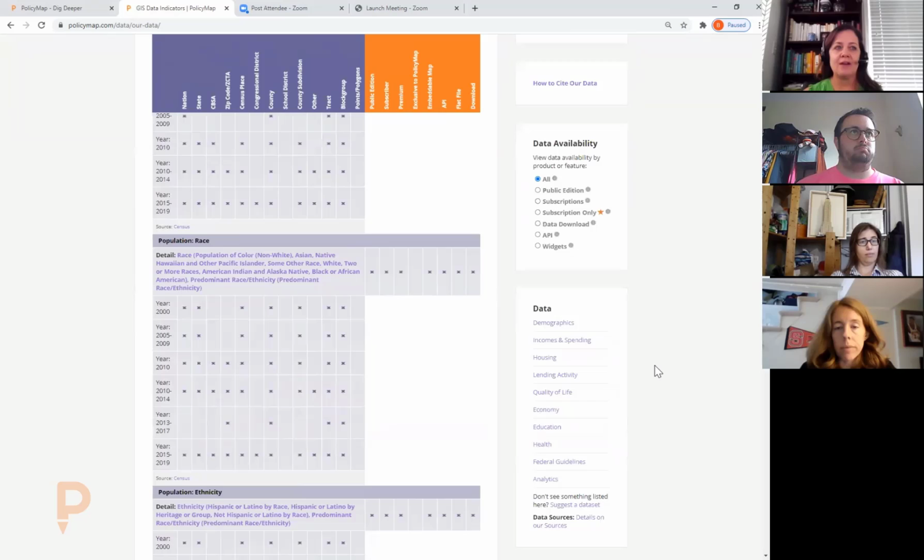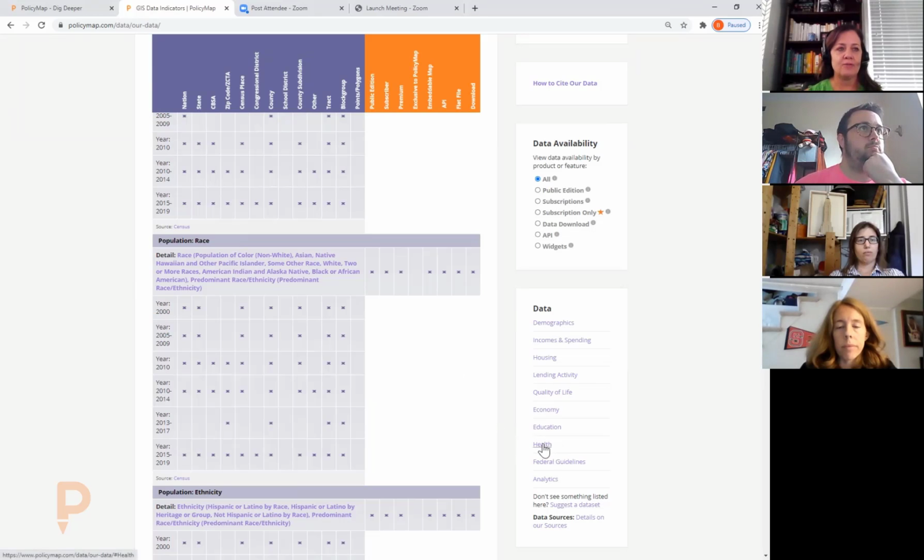So these are the major categories. There is demographic data related to incomes and spending, data related to quality of life. So for instance, access to the internet or digital equity, people who have access to fresh, healthy foods, parks access, that sort of data.